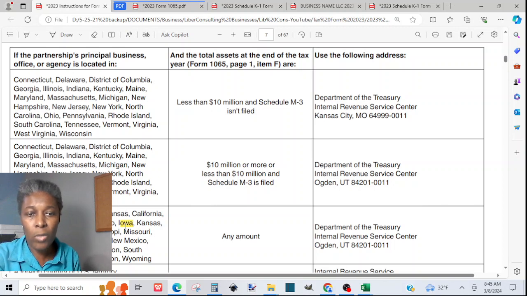And for Iowa, for instance, any amount is going to Ogden. Therefore, that's where that will be mailed to, and you'll mail it via USPS certified mailer to have tracking.